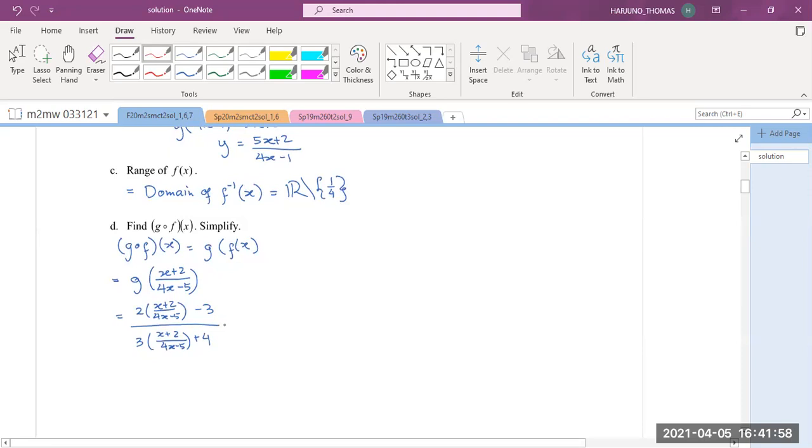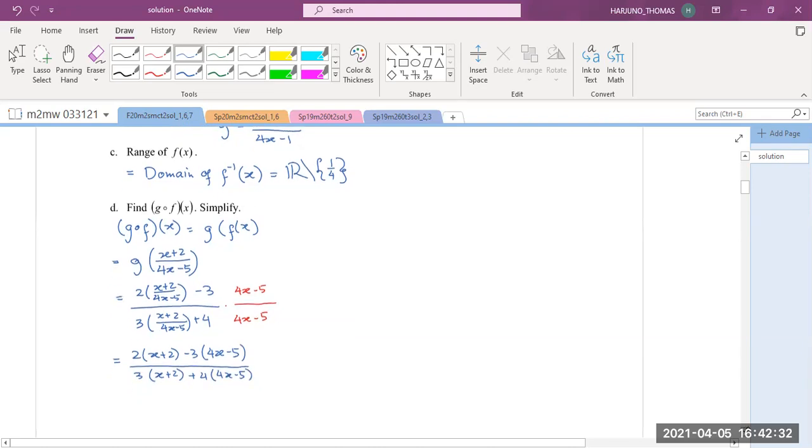Then from here, we will multiply by the LCD to simplify, right? Then we get 2 times (x plus 2) minus 3 times (4x minus 5), big over 3 times (x plus 2) plus 4 times (4x minus 5).